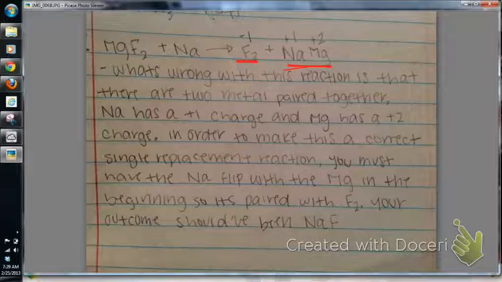Sodium has a +1 charge and magnesium has a +2. In order to make this a correct single replacement reaction, you must have the sodium flip with the magnesium in the beginning so that it's paired with F2. Your outcome should have been NaF. And so she included everything that I wanted to see in the answer and actually got +5 points for having a very complete and thorough answer.